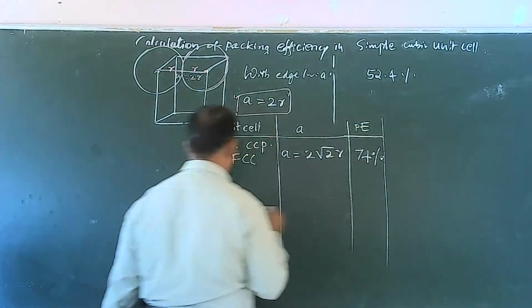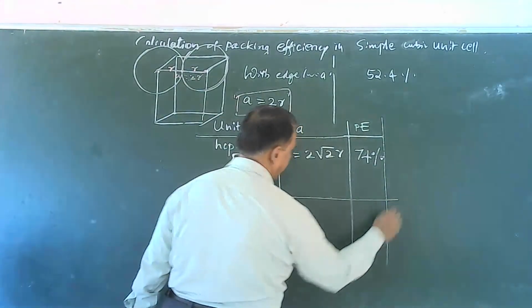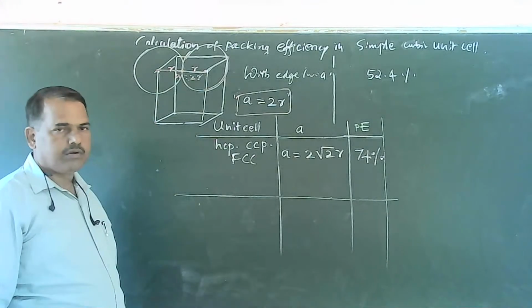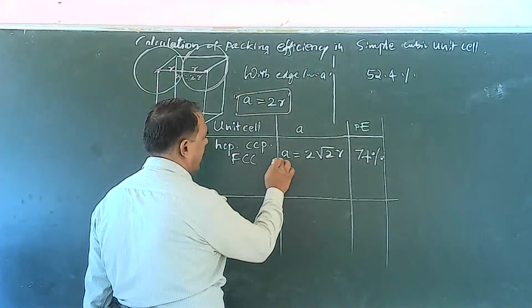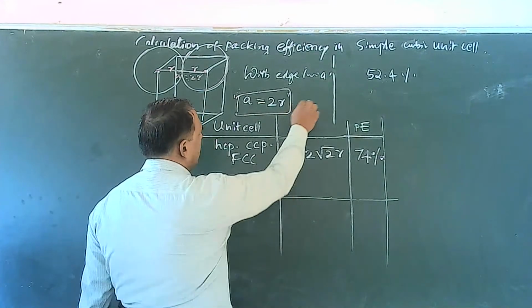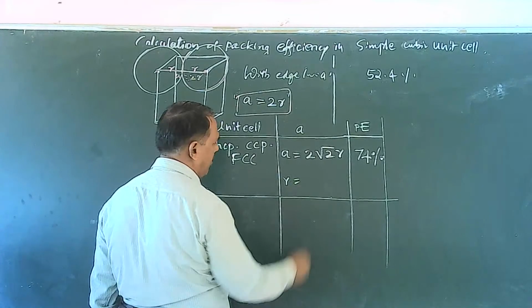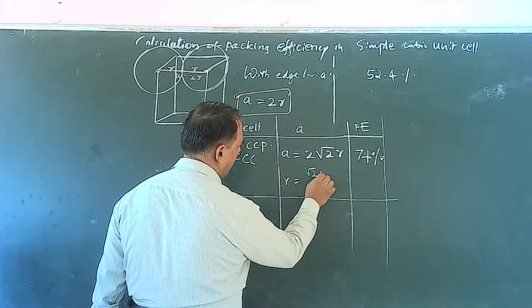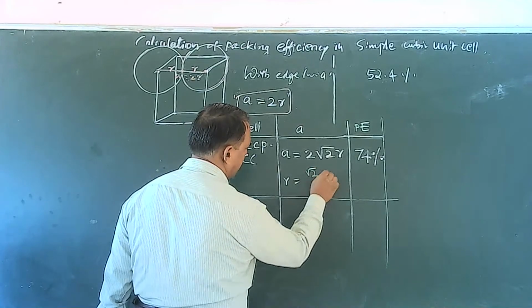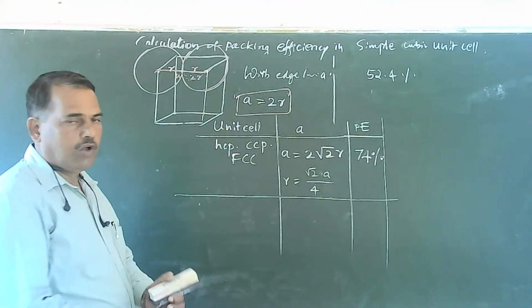The packing efficiency obtained in FCC is 74%. Are you clear? Understood? So what is the value of R here? You can easily write R is equal to root 2A by 4, which is nothing but the value of R.